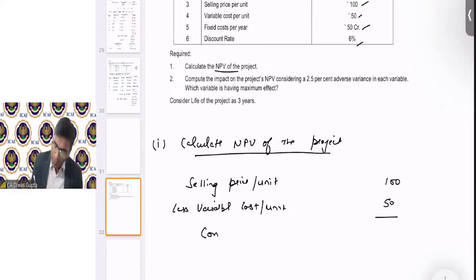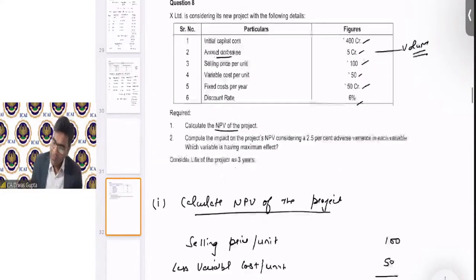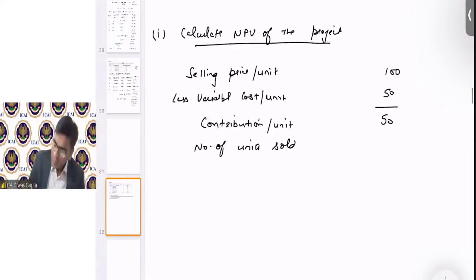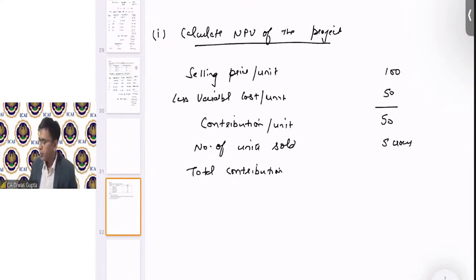So the contribution per unit is 50. And then the number of units sold is how much? 5 crore units, right? So 5 crores is the number of units. Total contribution will be how much? 50 into 5, which is 250 crores.